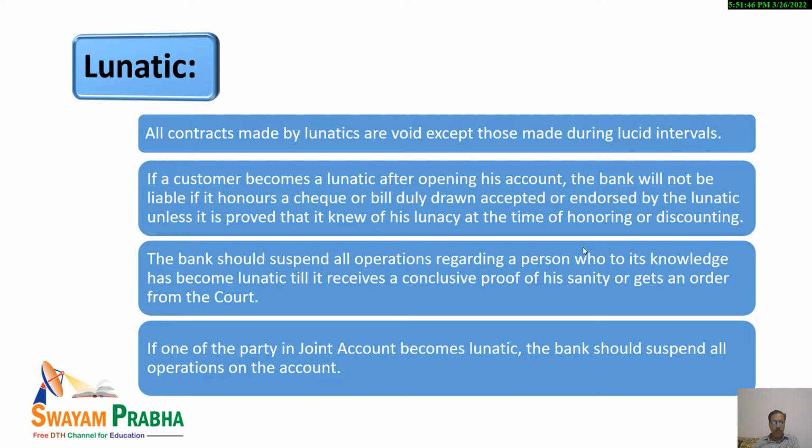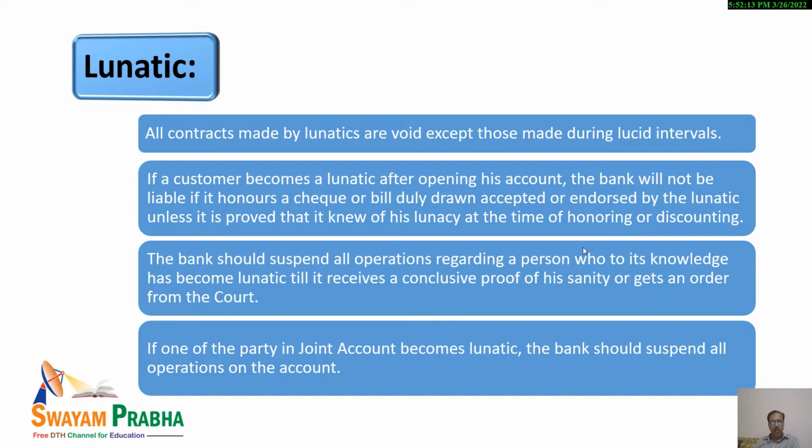And when the bank receives proof from the court that now he is fine, till then the bank should suspend all the activities. And once it receives the order that the customer is in good health, mentally he is okay, then the operations may be started again.